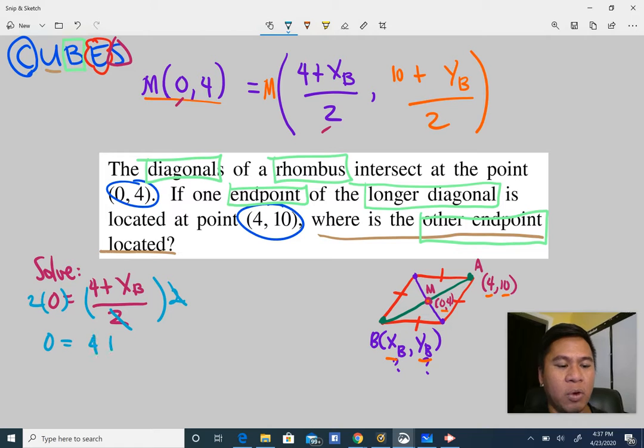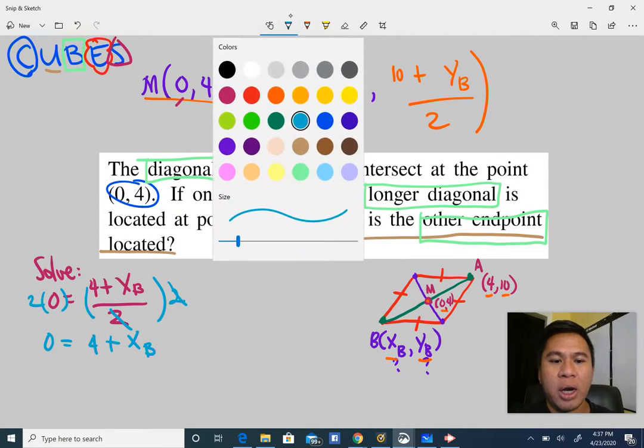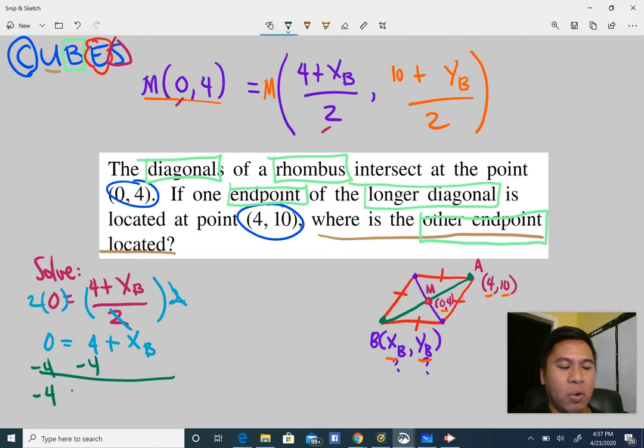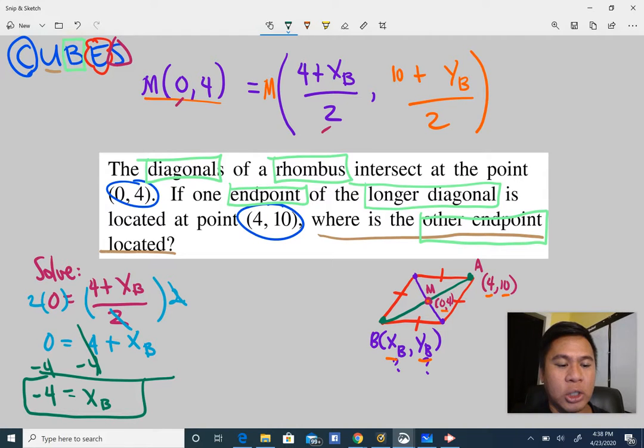Then that will be 4 plus xb. And in order to solve for xb in there, I will subtract both sides by 4. With this, 0 minus 4 on the left will be negative 4. On the right, 4 minus 4 will cancel out. Therefore, my xb is equivalent to negative 4.